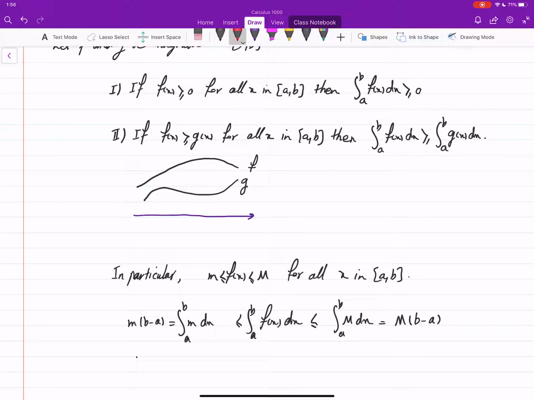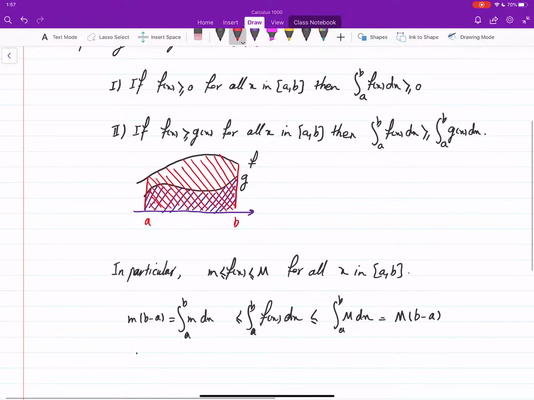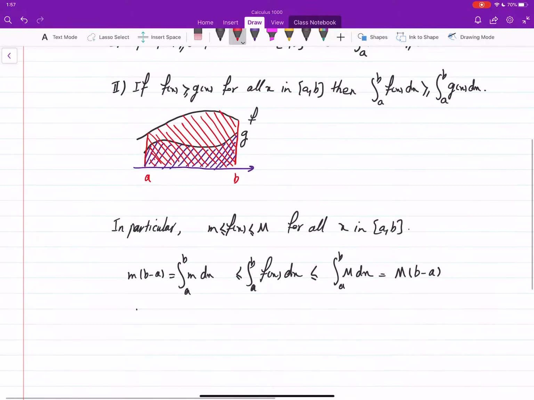Then on the interval a to b, the integral of g dx is the area of this region here. It is obvious that this is less than the area under the bigger function, and that's how you show that the second property, which is, by the way, equivalent to the first property, is true.